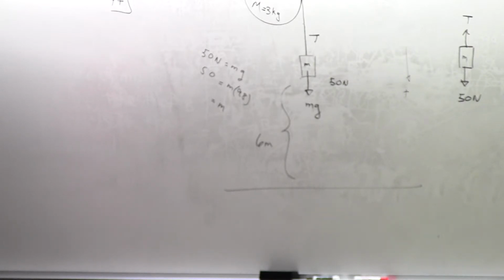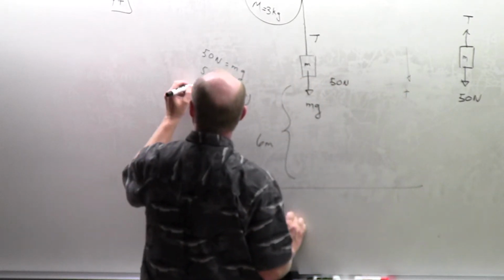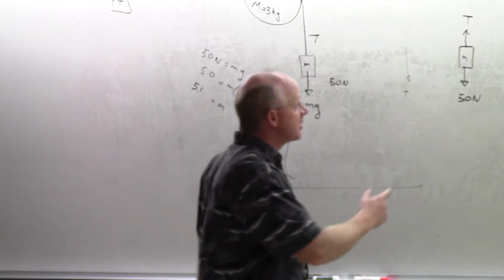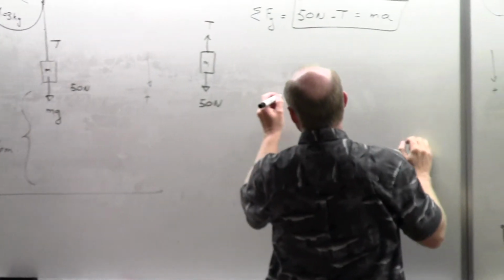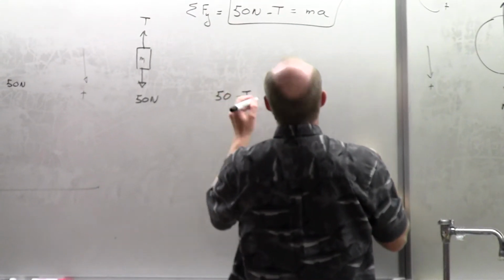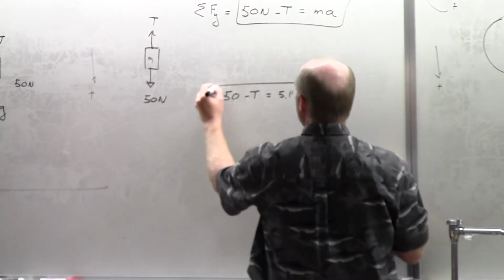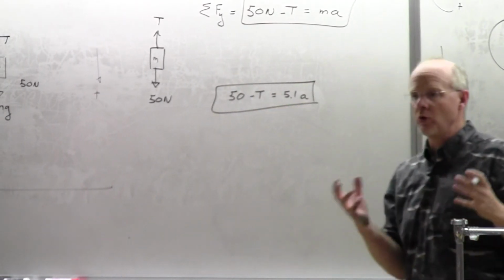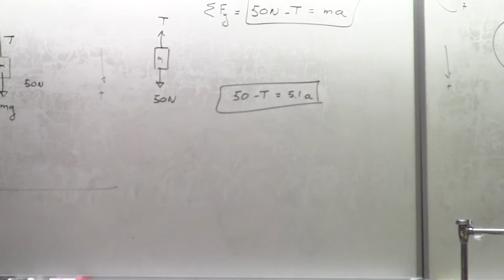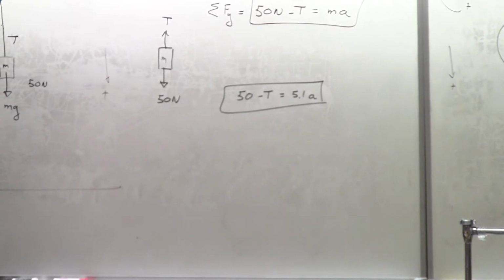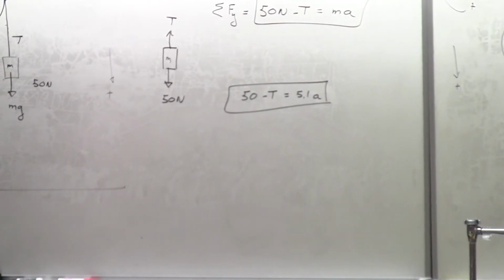So 50 divided by 9.8 is 5.1. So here is my mass of 5.1 kilograms. So I would take this as my first equation: 50 minus T equals 5.1a. So there is one equation with the two unknowns I am looking for, tension and acceleration. They're also looking for speed, but we'll work on that. But that's my first step.